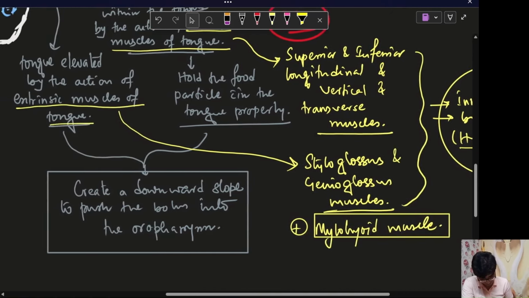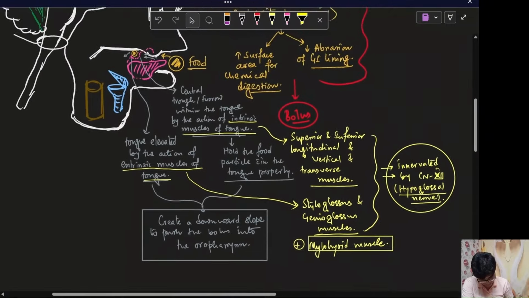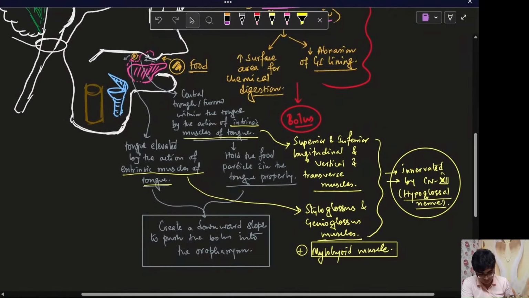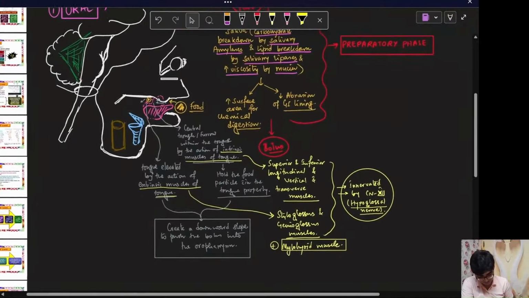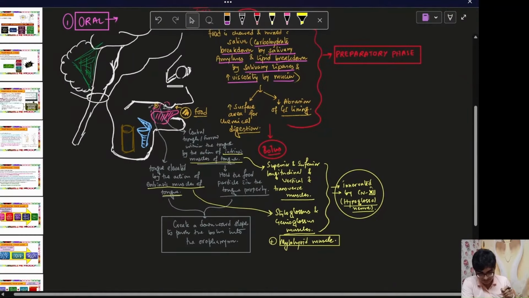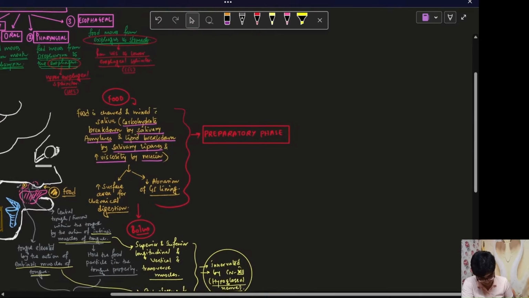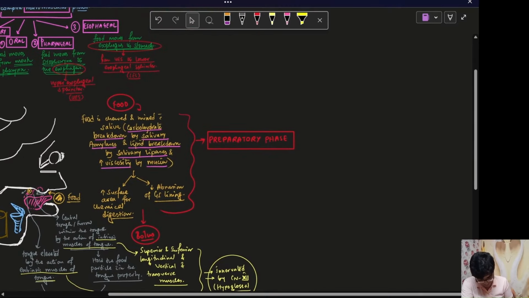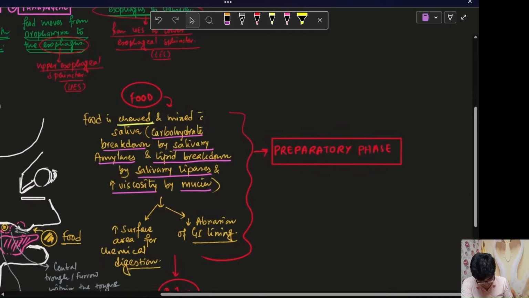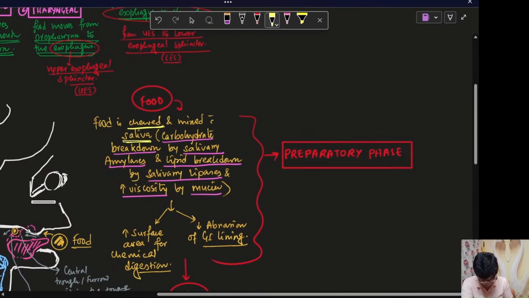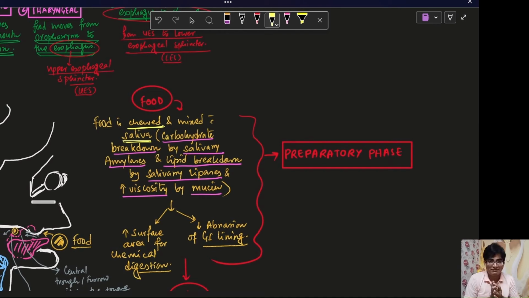Now, in the oral phase, you should also know about the primary actions of those things. You know at this moment that the food is to be chewed first, and the saliva comes into action then. So what are the muscles of chewing? What are the mandibular depressors?